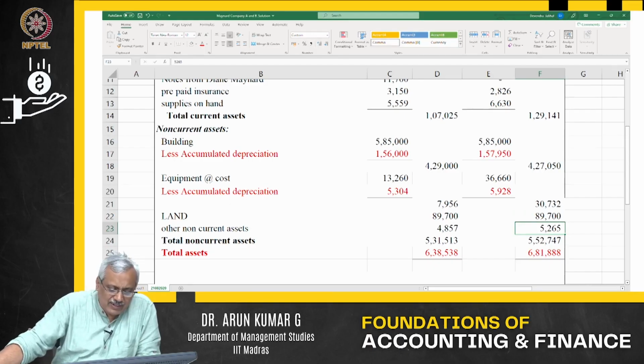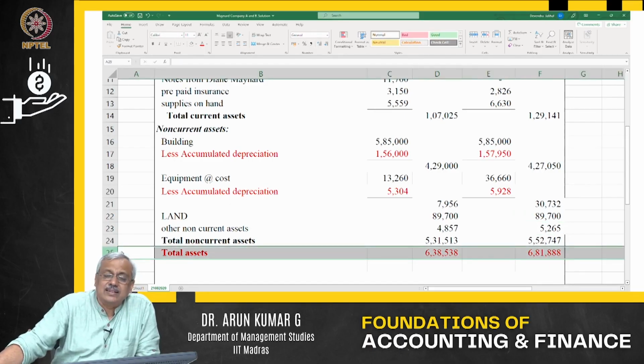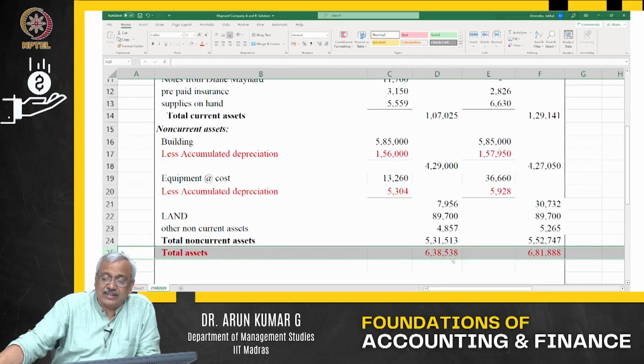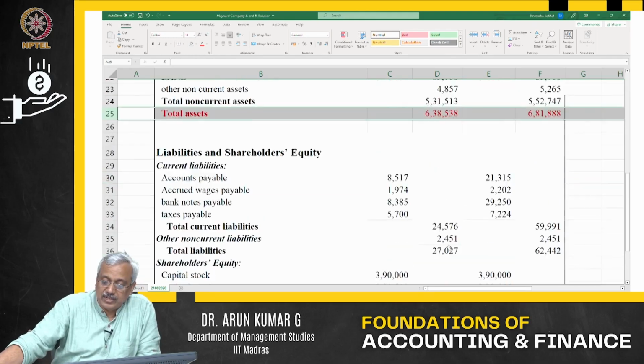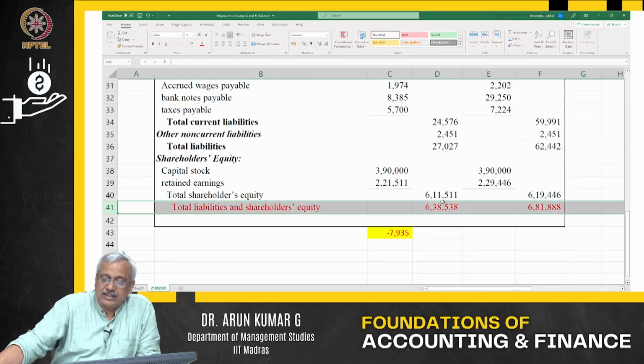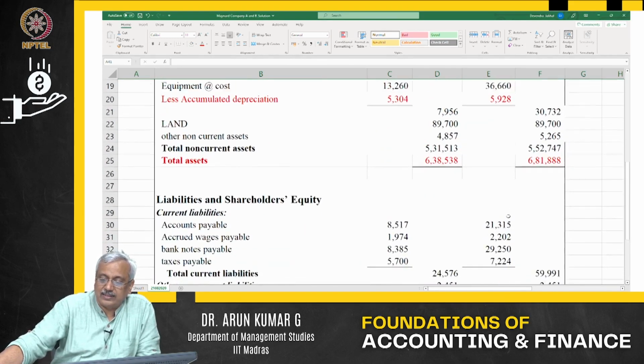So, now let us see whether the assets and liabilities are matching. Assets is about 638,538 as of 1st of June, 681,888 as of 30th of June. Let us see the value of liabilities and equity: 638,538 as of 1st of June and 681,888 as of 30th of June.